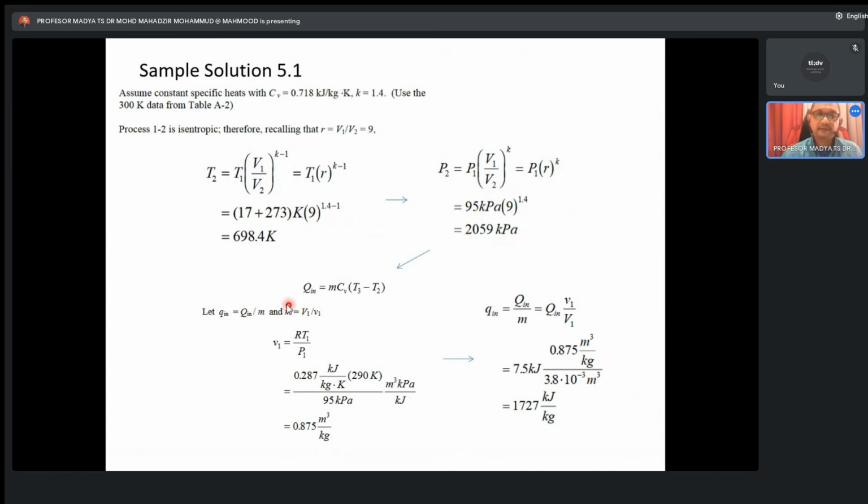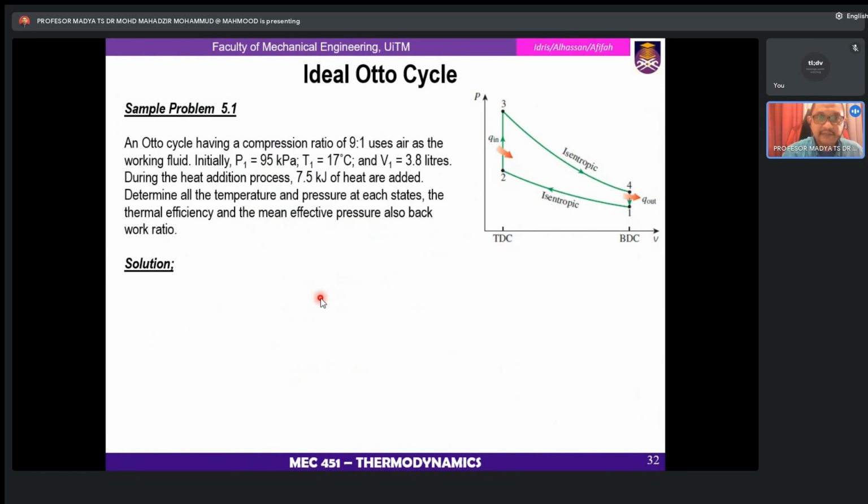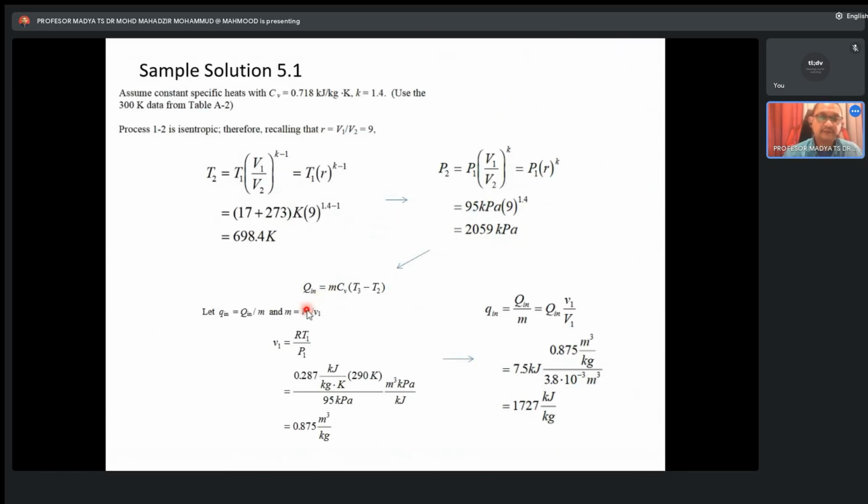Then find Q in. Q in is given in the question. So based on this, q in is equal to Q in over m.